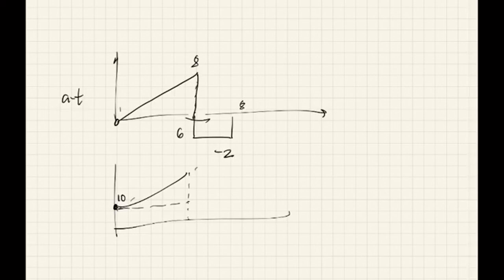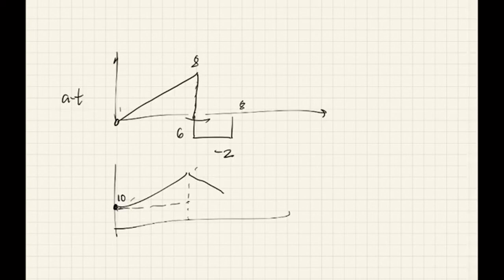Kasi ganito yung magiging velocity time graph natin. So, yung area ng triangle, 1/2, base is 6, height ay 8. Tapos, minus, yung ating rectangle is 2, tapos 2 rin yung time.